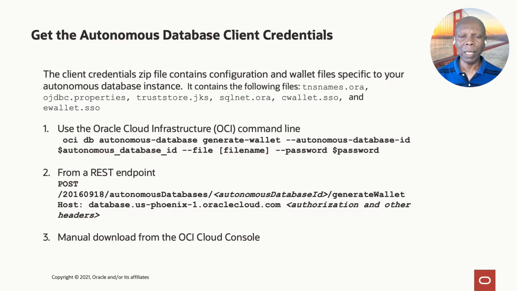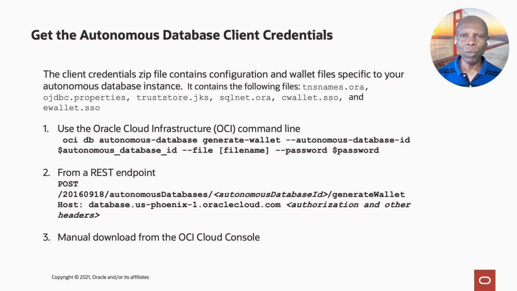You can get it either using the plugin, as you will see in the demo, or you could use the OCI command line interface, as you can see here, where we provide some parameters, and there is a generate wallet command that will generate the client credentials for your specific Autonomous Database instance.